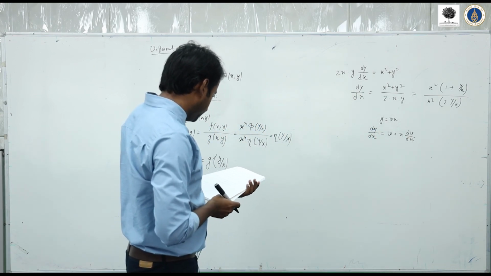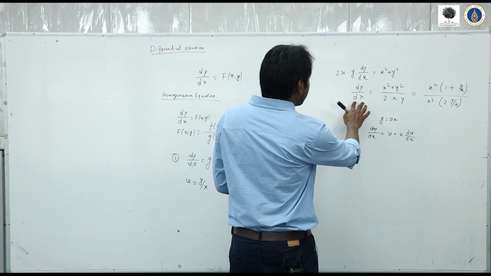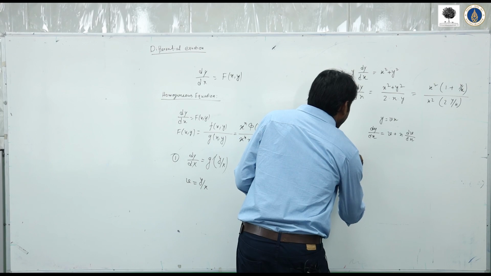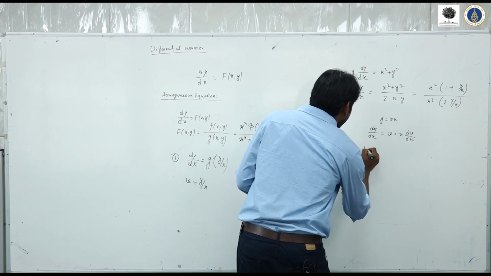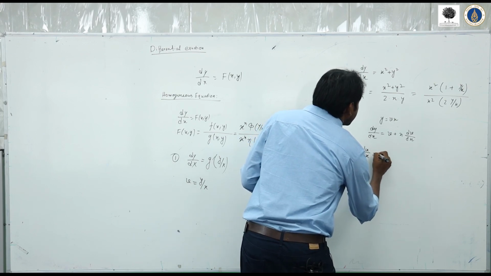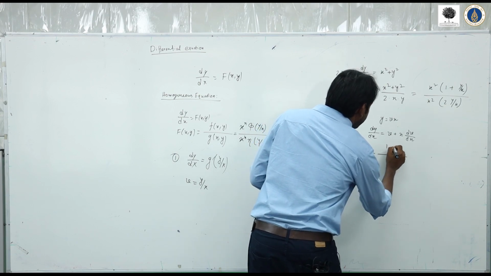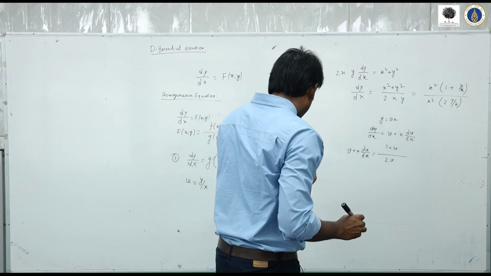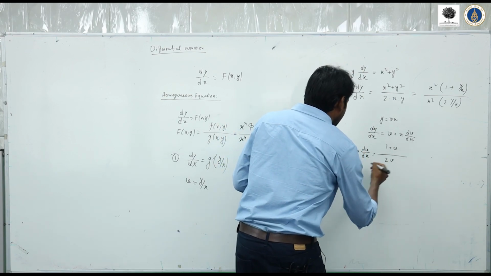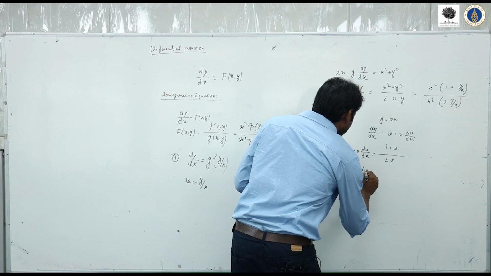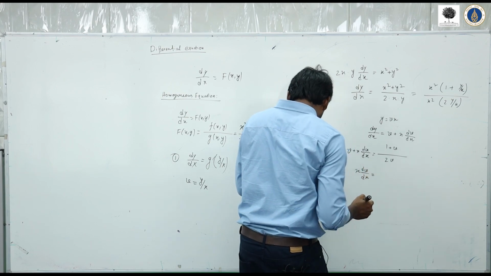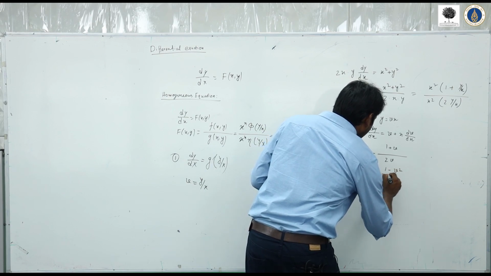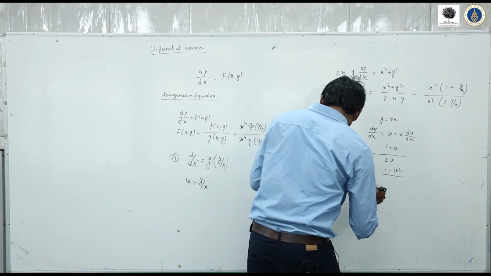Now I put dy by dx into the differential equation. It will be v plus x into dv by dx, and this side is going to be 1 plus v square by 2v. Then I take this v to the other side, and it will become x dv by dx equal to 1 minus v square by 2v.